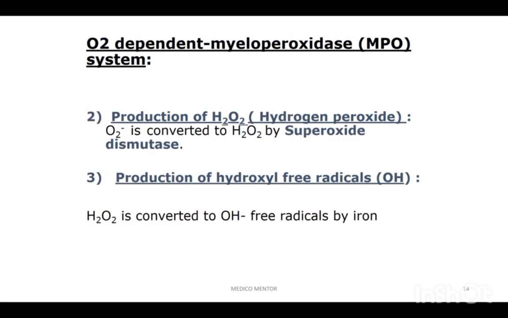The superoxide thus formed can get converted to hydrogen peroxide by the enzyme superoxide dismutase. The hydrogen peroxide thus formed can get converted into hydroxyl free radicals by the involvement of iron.